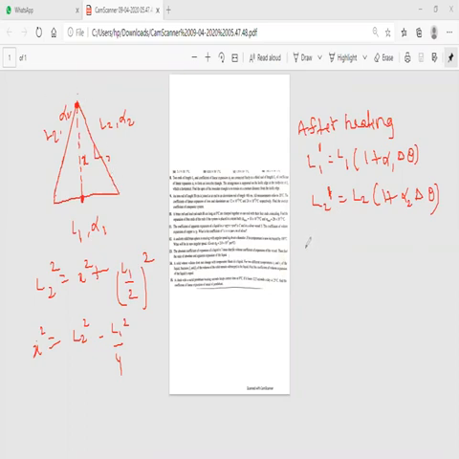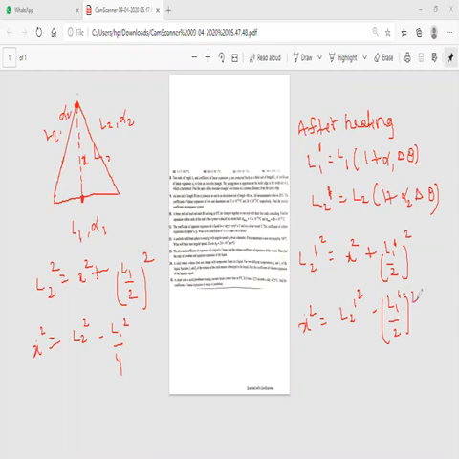By substituting the same values in Pythagoras theorem, you will have the equation L2 dash square is equal to x square plus L1 dash by 2 whole square, since x remains constant as given. Writing the equation for x, x square is equal to L2 dash square minus L1 dash by 2 whole square.